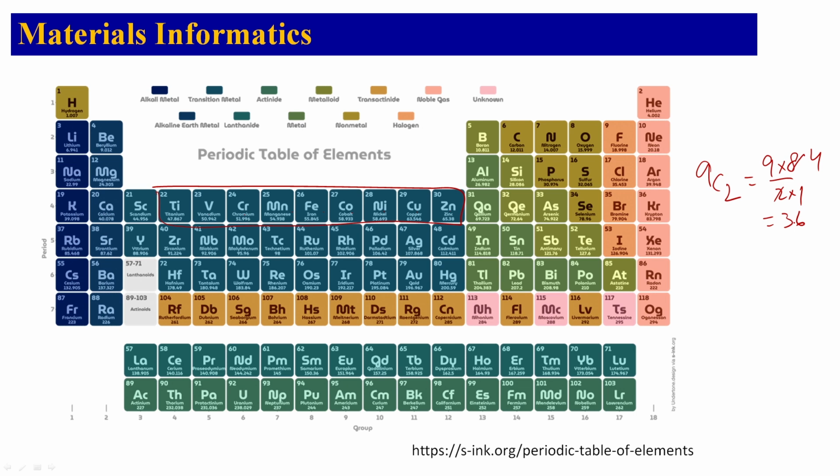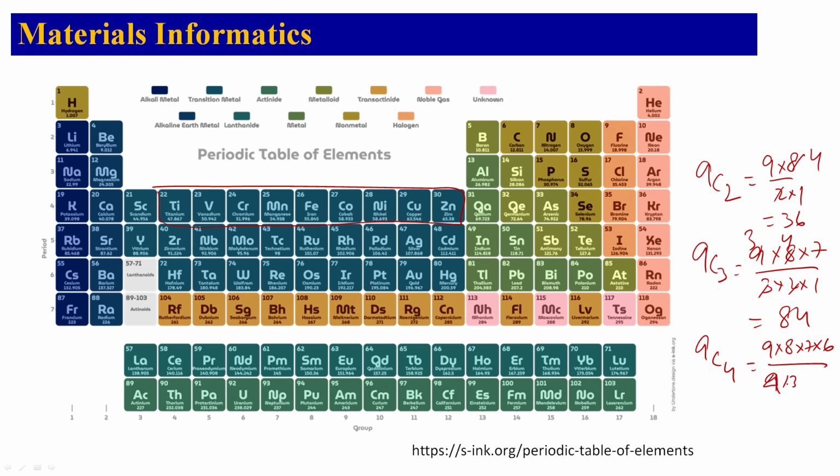Am I clear? So, if you want to do ternary alloys, 9 into 8 into 7 over 3 into 2 into 1, it becomes 84. And if you do 9C4, it becomes 9 into 8 into 7 into 6 divided by 4 into 3 into 2 into 1.